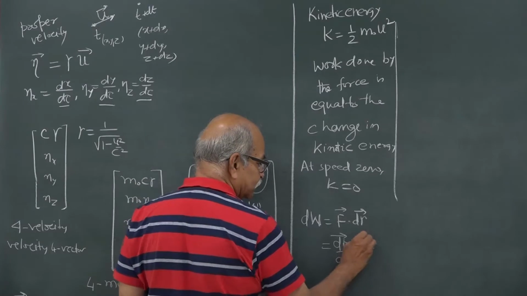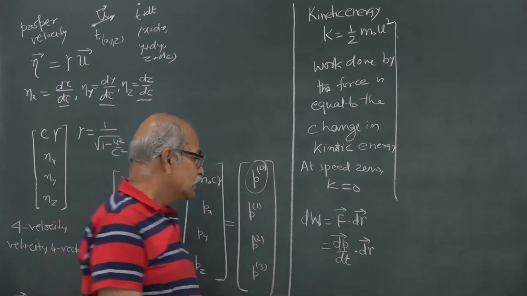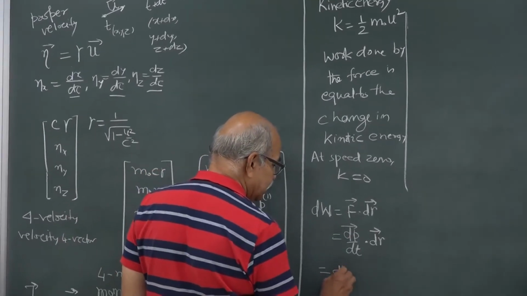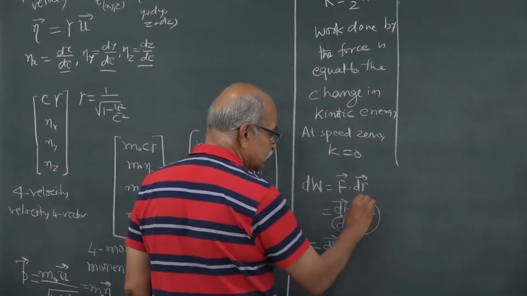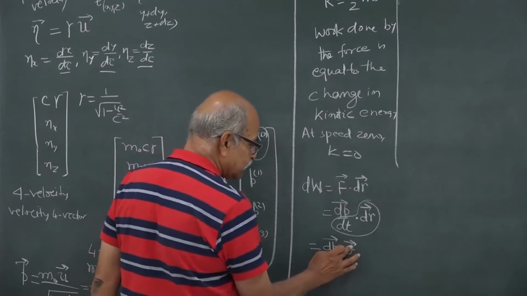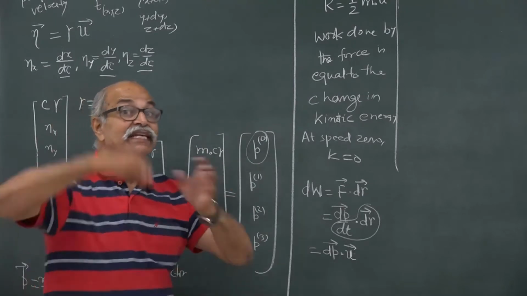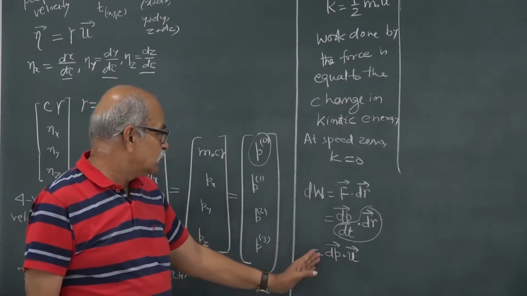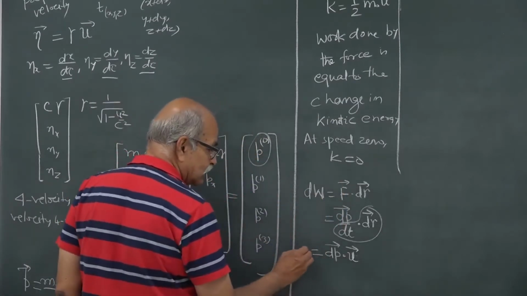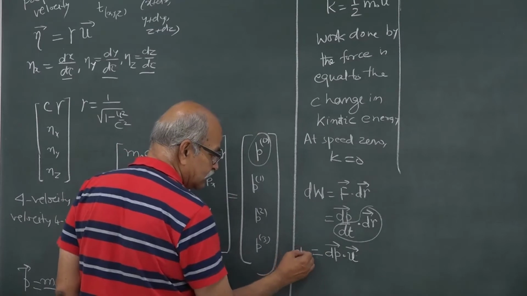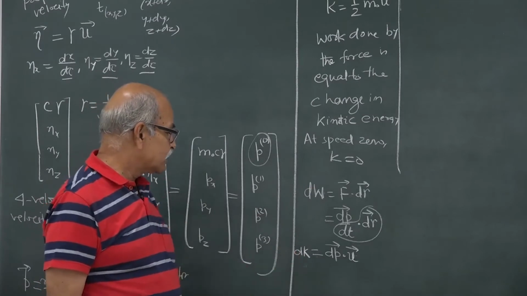This dr and this dt you can combine together and write this as dp dot v, right. This dr/dt is the velocity, let me write it u, particle velocity. V I am reserving for the frame velocity when we change frames. So, this is the work done, and this is change in kinetic energy. So, you can write this as dK. Work done by the force is equal to the change in kinetic energy.